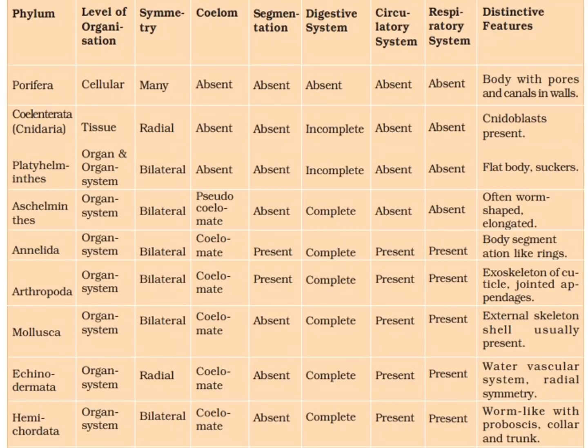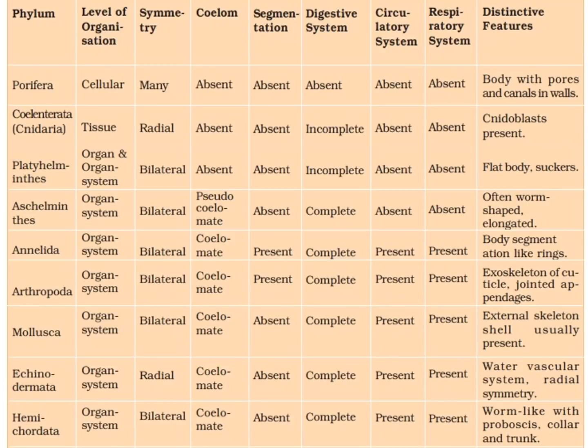So this is a chart which will help you to revise all that was done today. You have the 9 phyla which we did written in the first column, and then based on the 5 characteristics that we've learned, the criteria used for classification, the characteristics of each phylum are written. It is important that you go through each phylum and read about them.